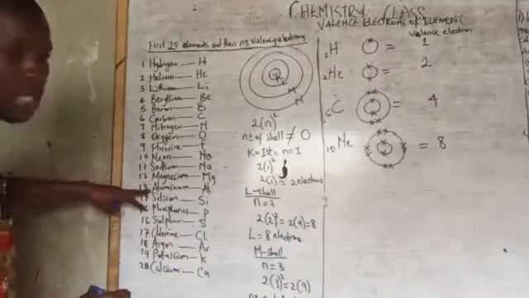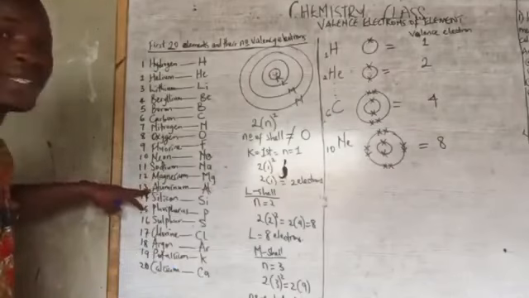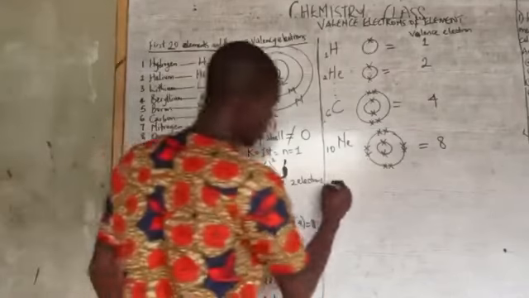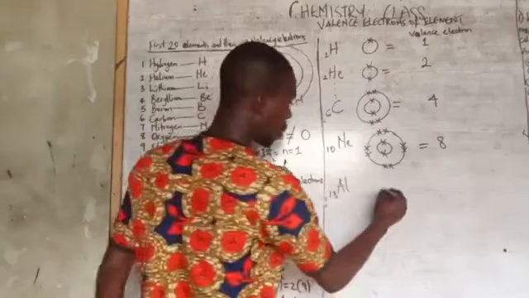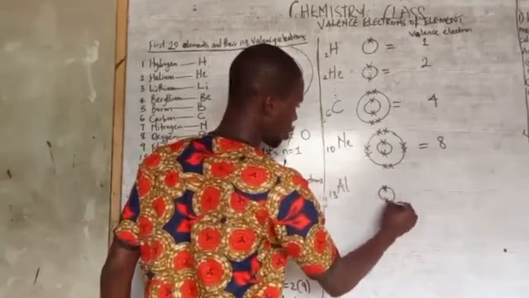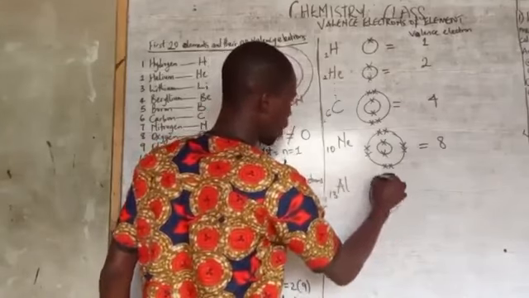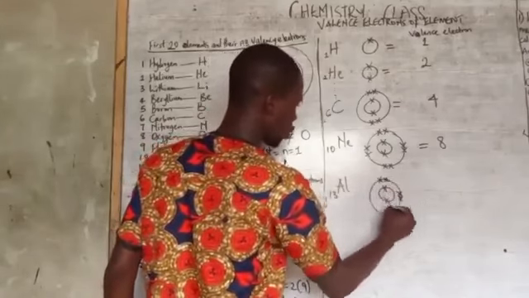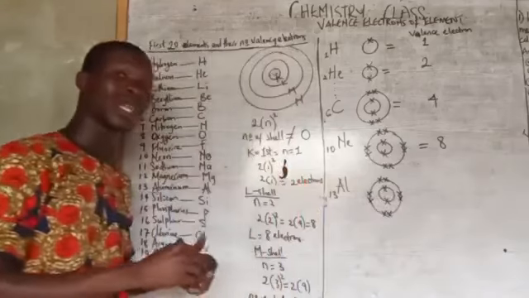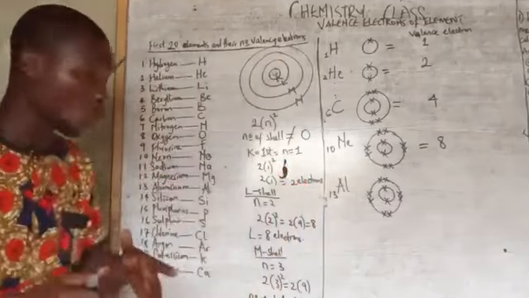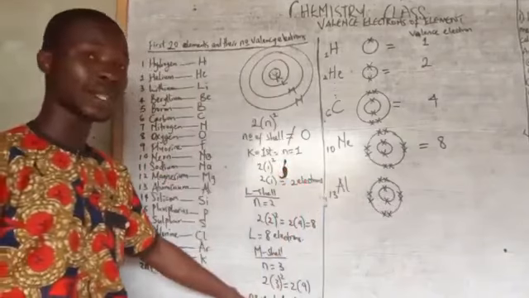Let me skip sodium, magnesium. Let's see aluminium. Aluminium has 13 electrons. The first shell occupies 2 electrons. The second shell occupies 8 electrons. And the next shell would occupy about 18 electrons.